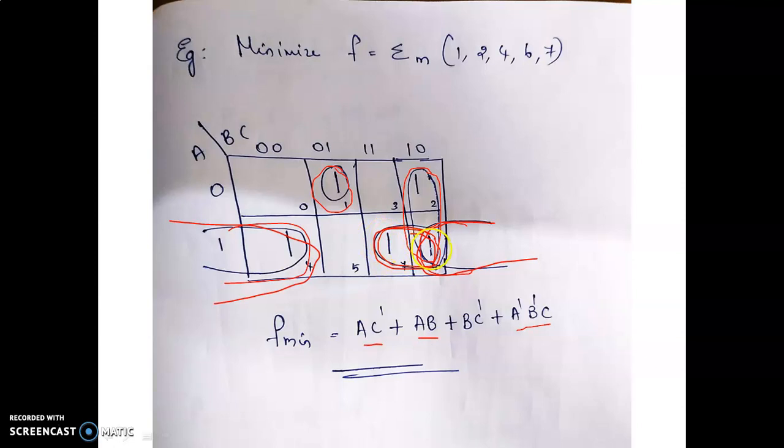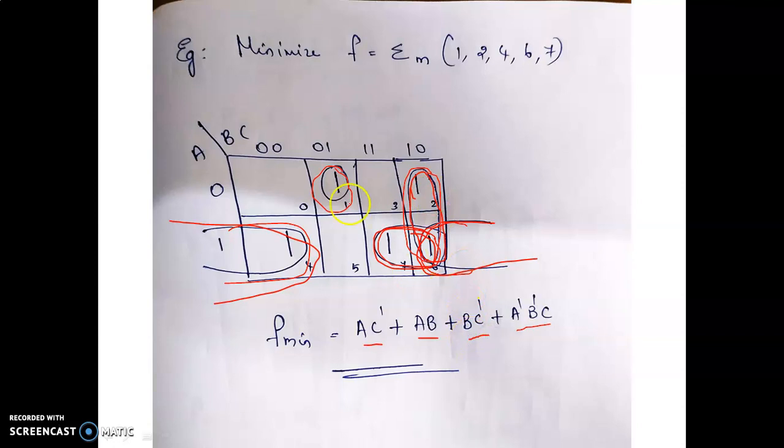So these two ones and this one are also grouped. Now the remaining are this one and this one. This cannot be grouped together because they are not adjacent. So this one can be grouped with this one and make it a group. A changed, so A got cancelled. It is B C bar.